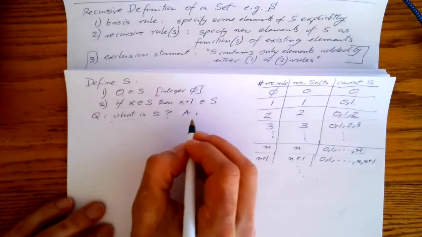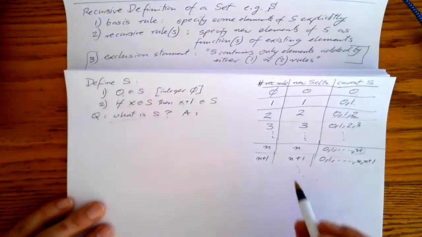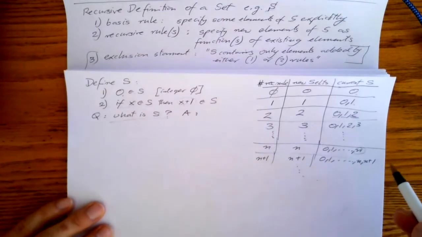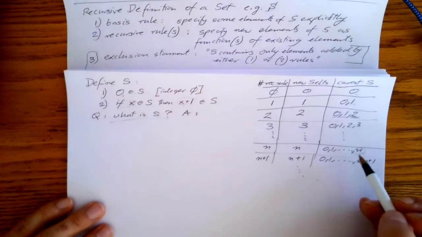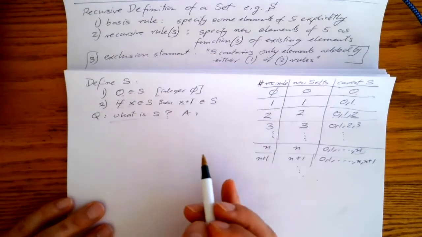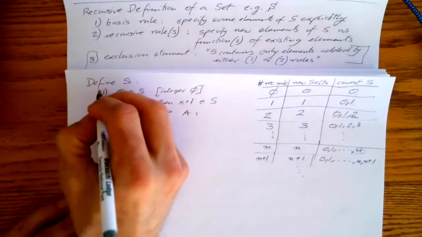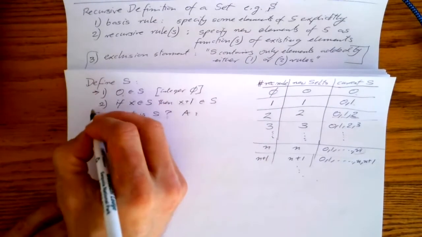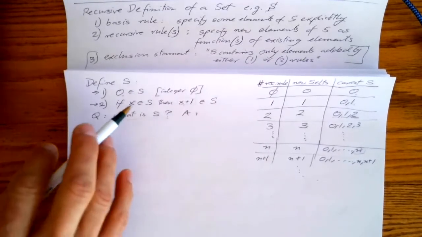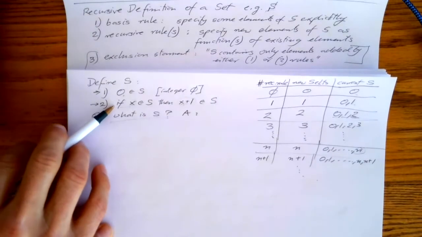And okay, now can you say what this set is? If every application of the recursive rule seems to have added yet another integer into the set, then I'm claiming there is a unique set, only one, which satisfies these two constraints, for which both of these statements are true.